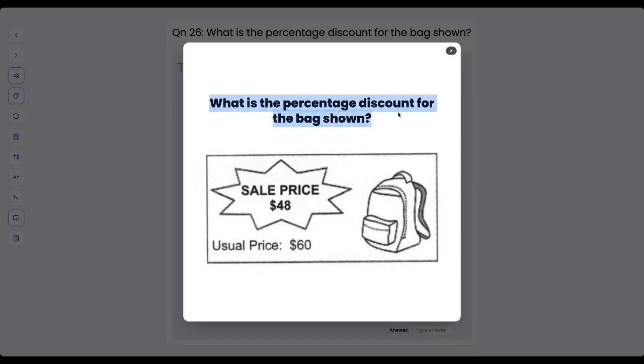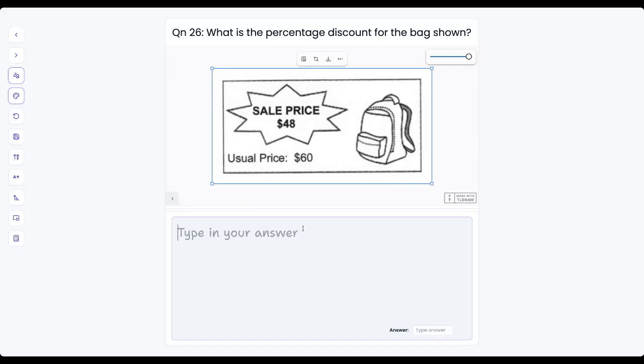What is the percentage discount on the bag shown? Okay, so we have the usual price, which is equal to $60, and then we have the sale price, which is equal to $48. Then that means the discount is equal to 60 minus 48, which is equal to 12.